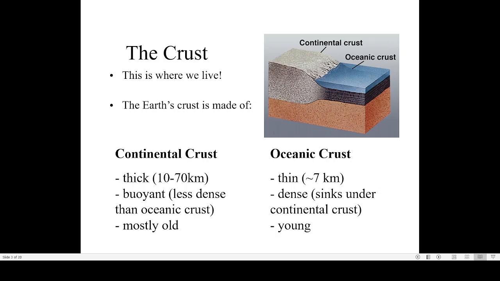In the case of continental crust, the rocks are more loosely packed. That is why the thickness is more. So that is basically the difference between continental crust and oceanic crust. And one more point of importance to us is that continental crust is mostly older, while oceanic crust is mostly younger. So this is another point of difference between them.